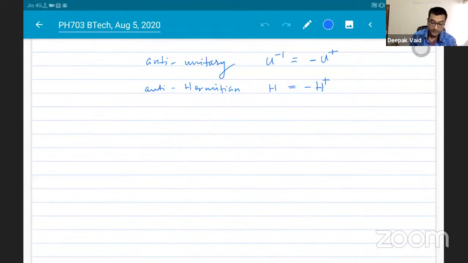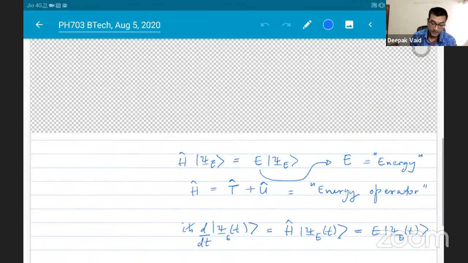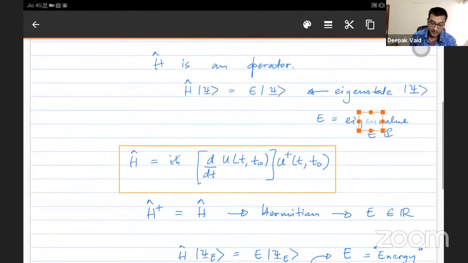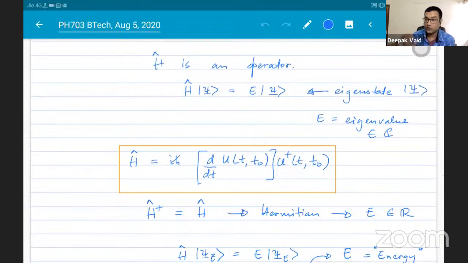When I derived Schrodinger's equation, I just told you, well, this eigenvalue is the energy, but you didn't really have a proper reason for why it should be the case.